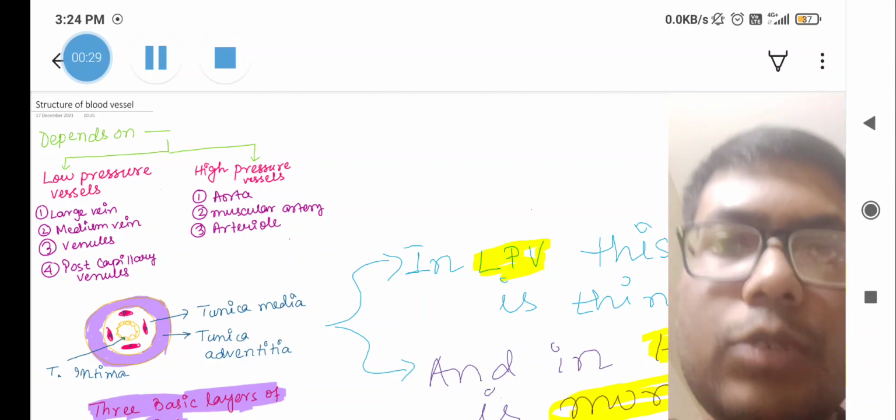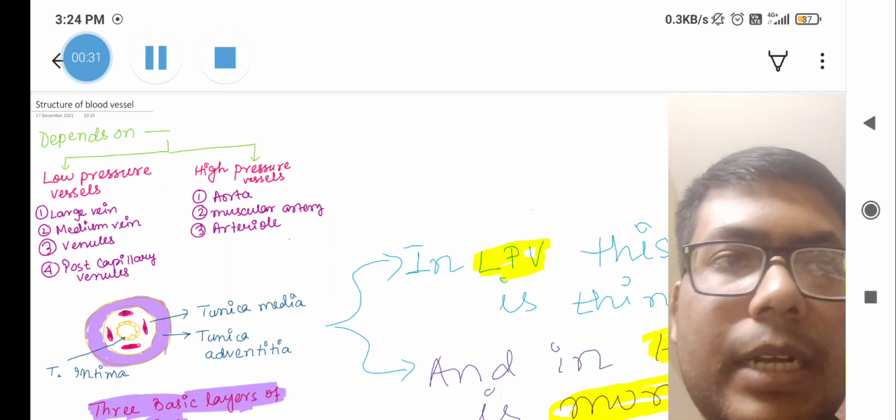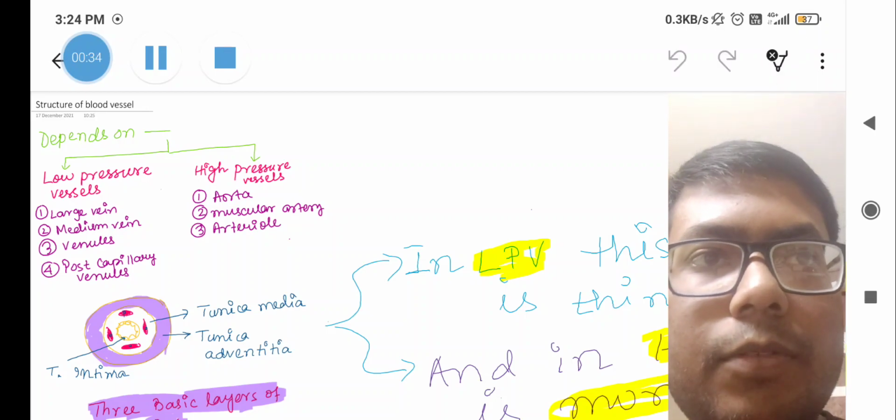Blood vessels are of two types. They are mainly low pressure vessels and high pressure vessels.